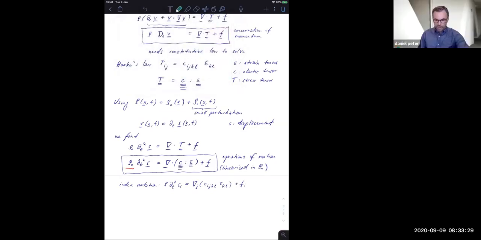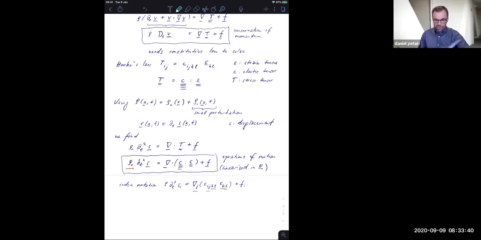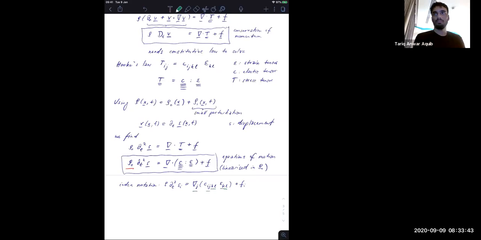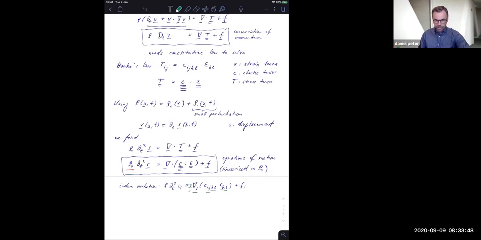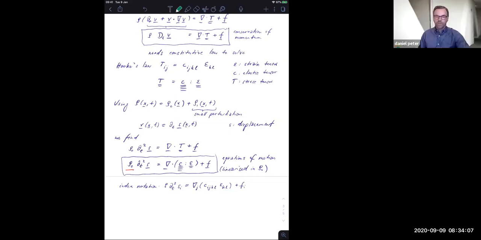And here you see we have repeated indices kl, so this is two sums over k and l, and then we have a repeated index on j, again another sum. So here we would have a sum over j, and here a double sum over k and l. And in short notation, it looks like this.